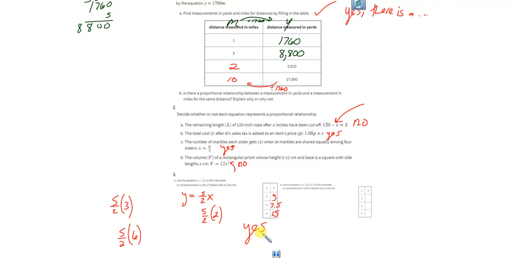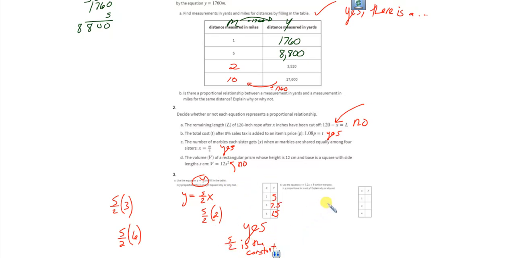We could have told that from just looking at the equation. The equation looks like a proportional relationship because there's no plus. So explain why or why not. We could say 5 halves is the constant. That's why it's a proportional relationship, because it has a constant of proportionality of 5 over 2, and it works for every pair.